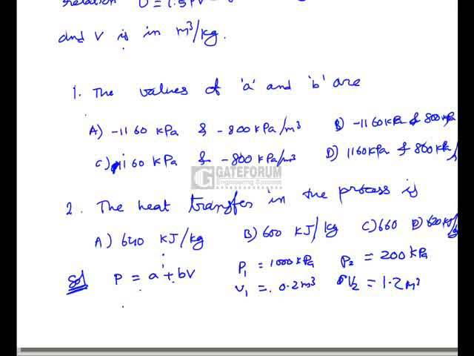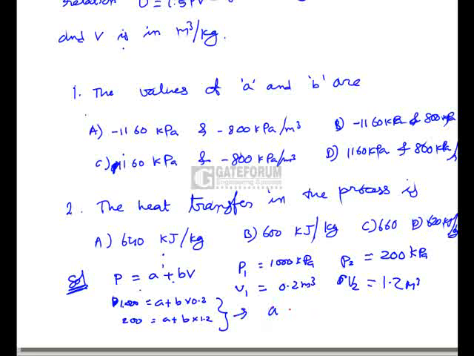So now just substitute these values in this equation, that is P1 is equal to A plus B into V1, that is 1000 equals A plus B into 0.2. And the second one, P2 is equal to 200 where V2 is equal to 1.2. On solving these two relations, we can get A and B.